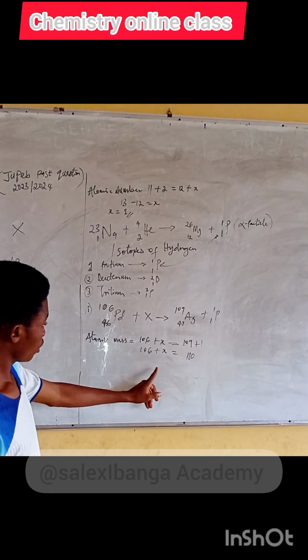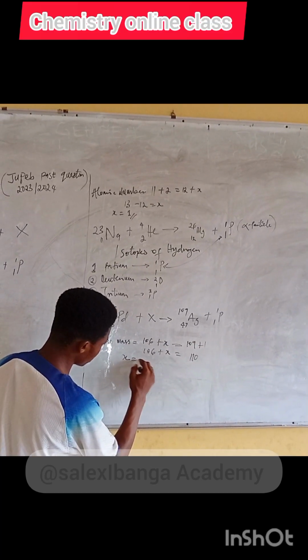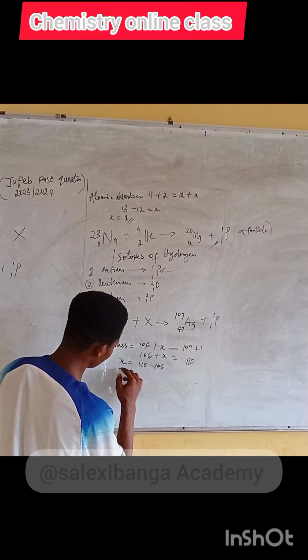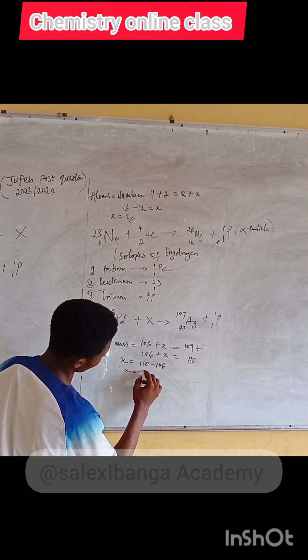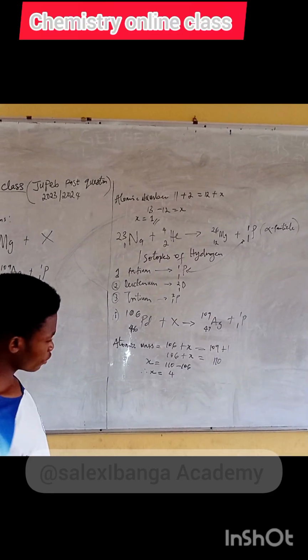I'm looking for X, so I quickly transfer this to the other side. My X is giving me 110 minus 106. Therefore, my X equals 4. That means at the atomic mass level, X is 4.